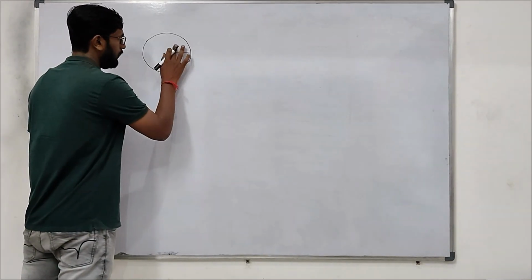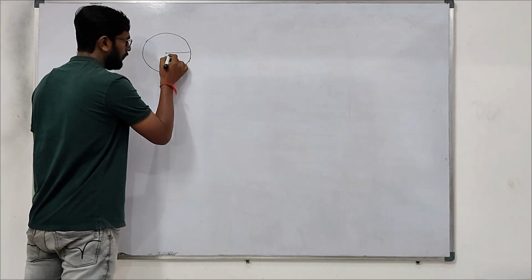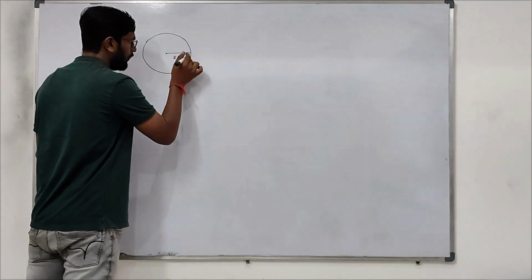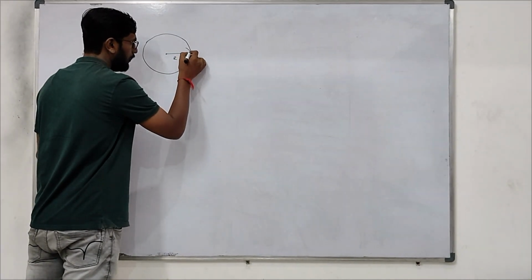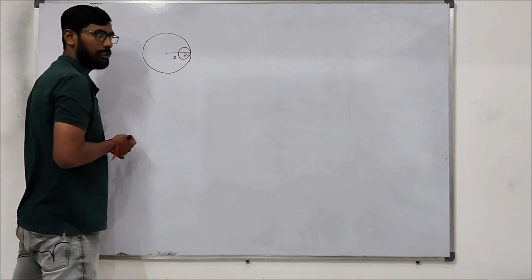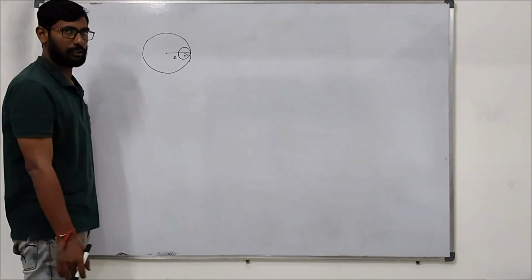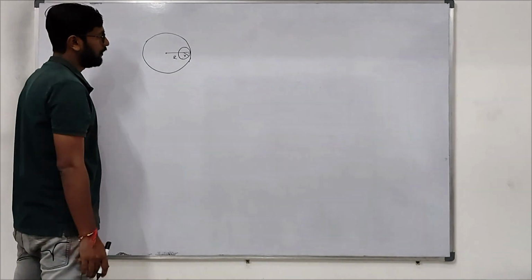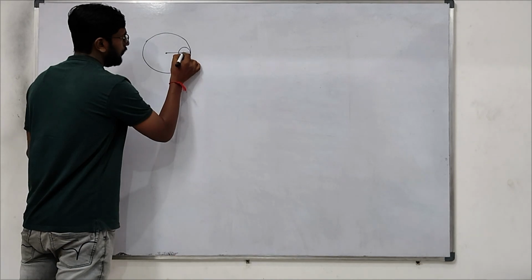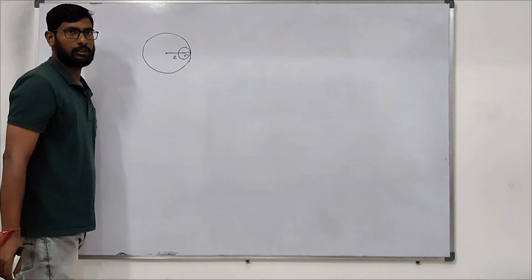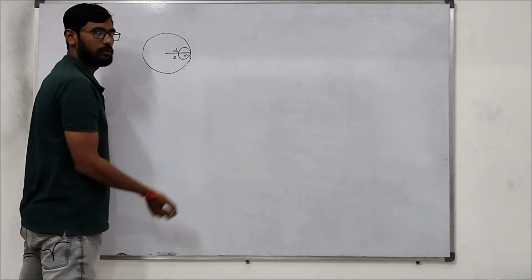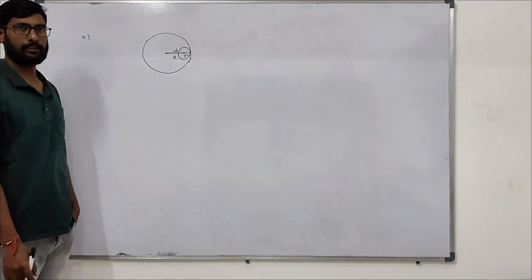Now what happened? We consider that a mass of radius r is removed at a certain part, right? From a distance, for example, d from its center.